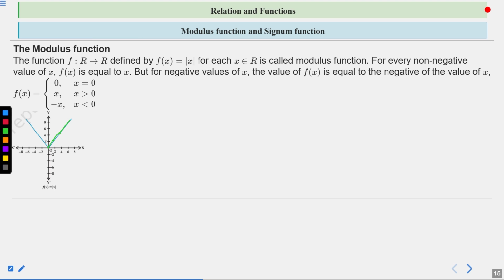Meaning if you put minus 1, the output will be minus minus 1, meaning 1. If you put minus 2, then output will be plus 2. At minus 4, output is plus 4, and so on. Join them, you will get this line. So the complete graph will be like a V, with the vertex at 0 comma 0. Clear?